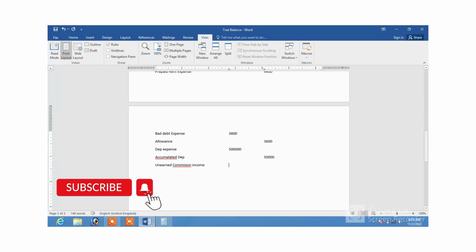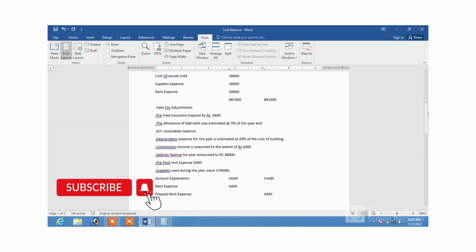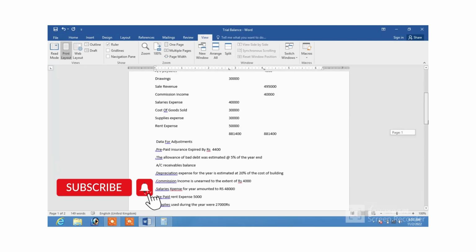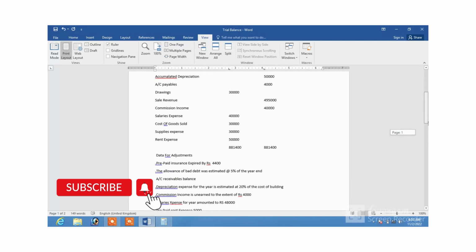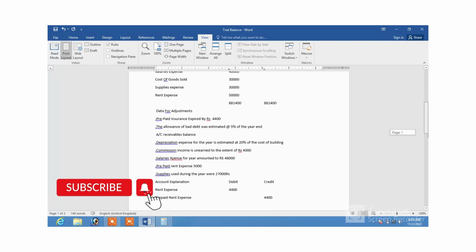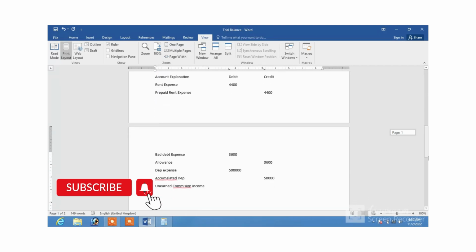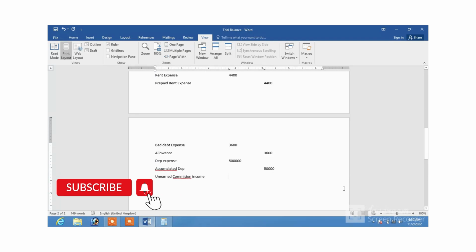And how will we balance? We will write in the debit column. By which amount was it debited? It was 4,000. It is an adjusted entry. So 4,000 would be the debited amount.